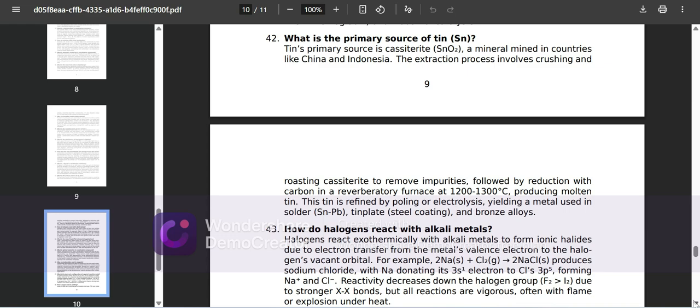The extraction process involves crushing and roasting cassiterite to remove impurities, followed by reduction with carbon in a furnace at 1200 to 1300 degrees Celsius, producing molten tin. This tin is refined by poling or electrolysis, yielding a metal used in solder, SnPb, tin plate, steel coating, and bronze alloys.